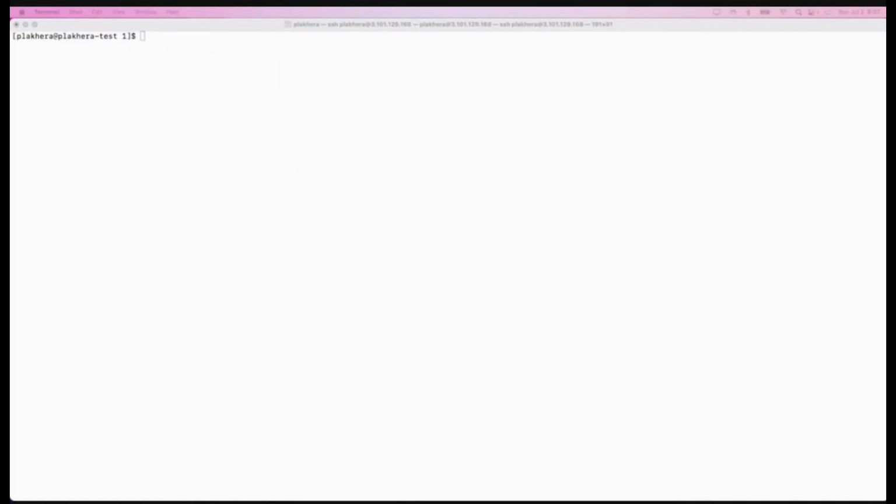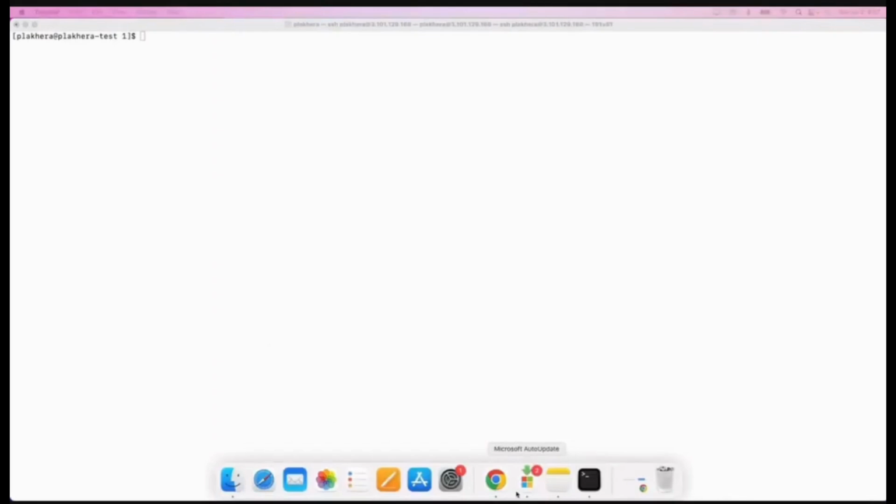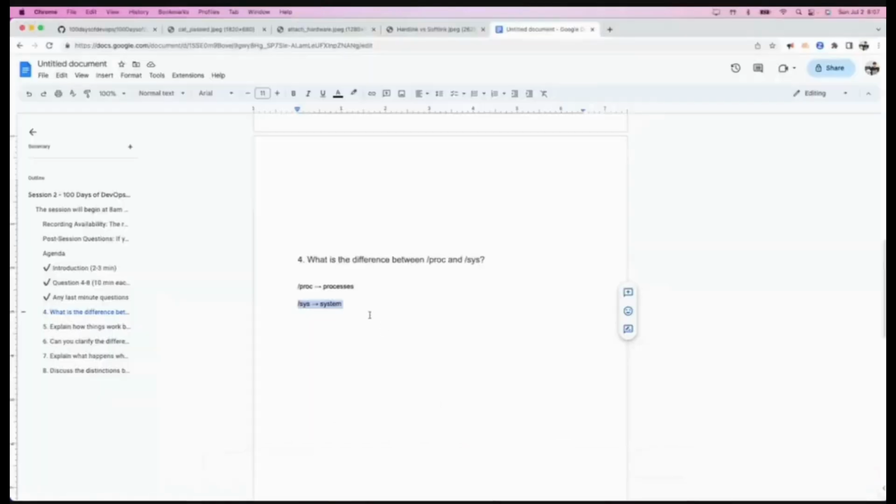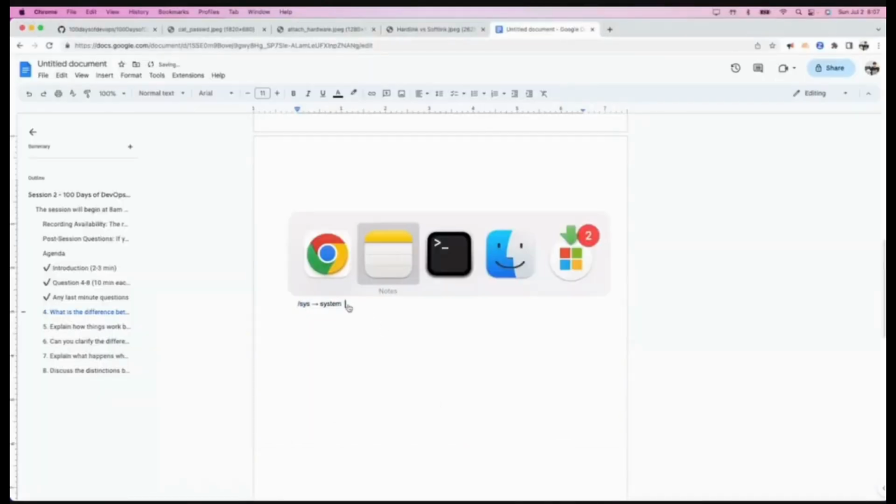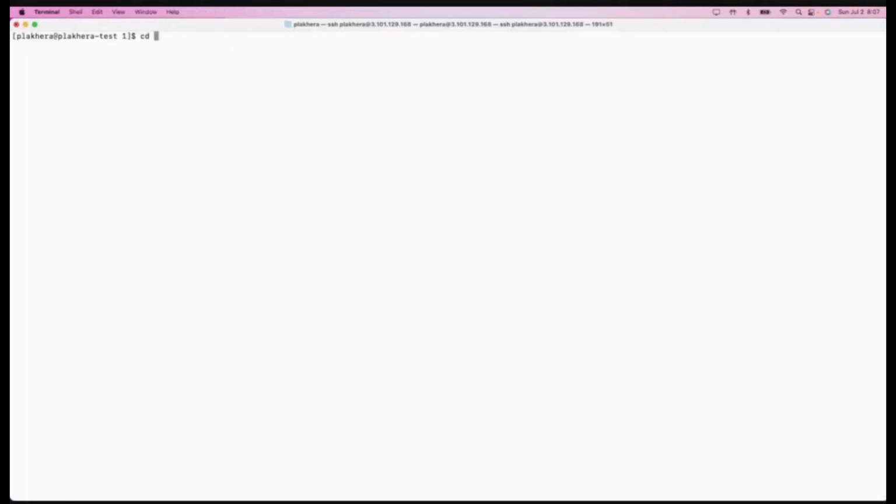Okay. Now let's go to the sys. Second, this is sys. Go inside the sys directory and see this. So here you see all the system related information.